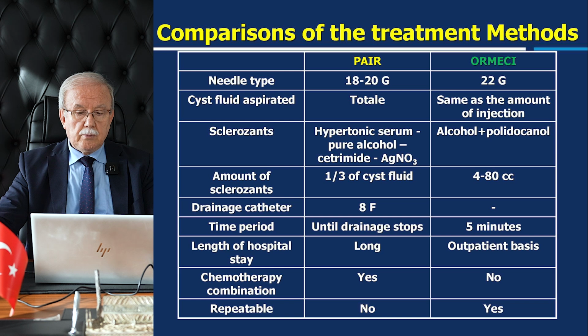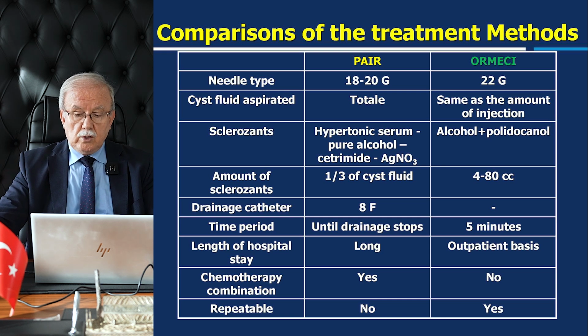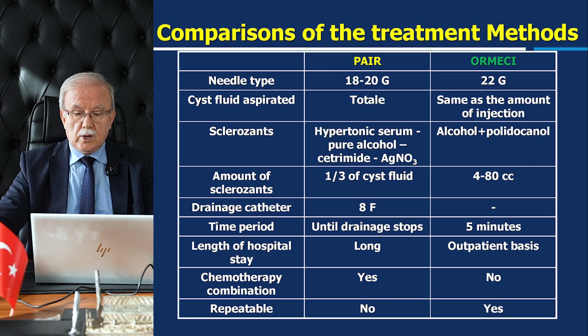Cyst fluid: in the PAIR technique it is totally aspirated, but we aspirate only the same amount as the injection. Sclerosant: hypotonic serum, pure alcohol, cetrimide or silver nitrate in the PAIR technique, but in our technique we use alcohol plus polidocanol. We used polidocanol for the first time in the literature because, as gastroenterologists, we generally use polidocanol for stopping esophageal varices.